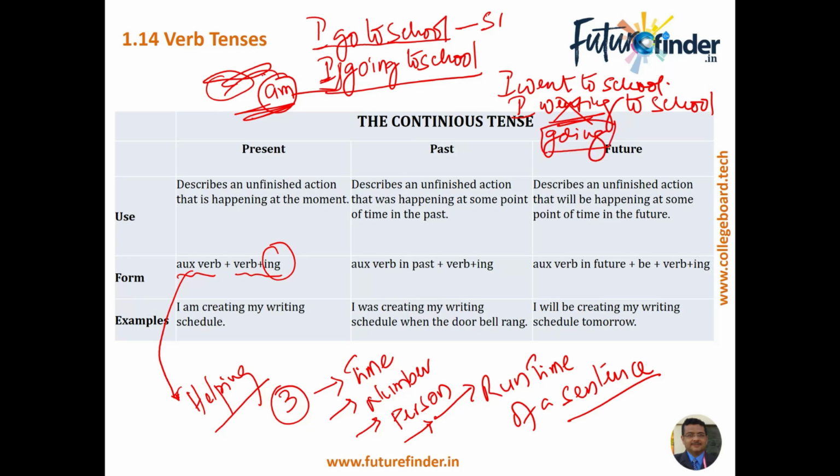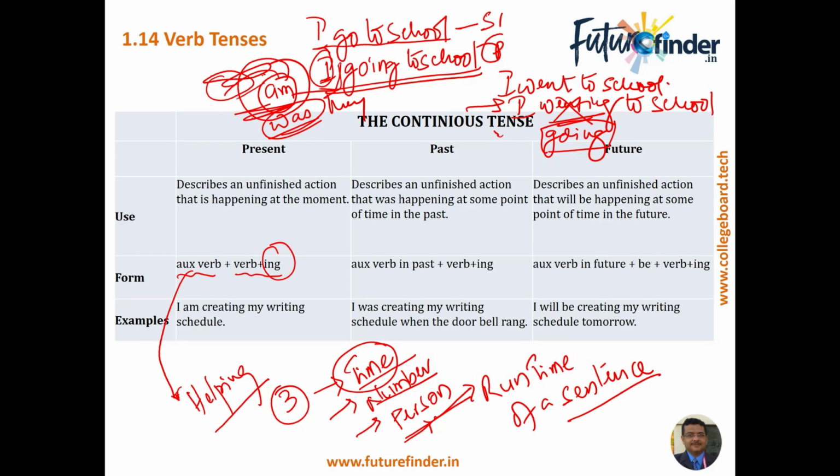So how do we differentiate between this one which is in the present and this one which is in the past? Here the auxiliary verb changes, right? So instead of am, it would become I was going to school, which shows the time in this case. If I change the number, if I put it as they, of course they were going to school. So with the time, with the number, and with the person, the auxiliary verb changes.